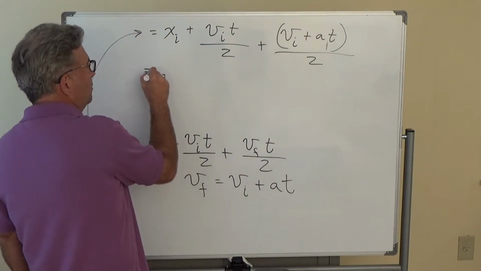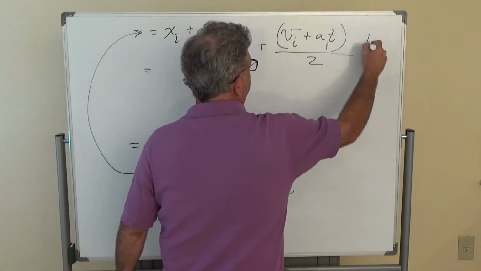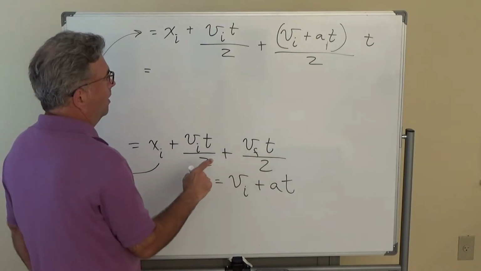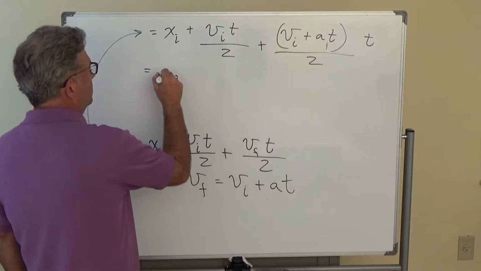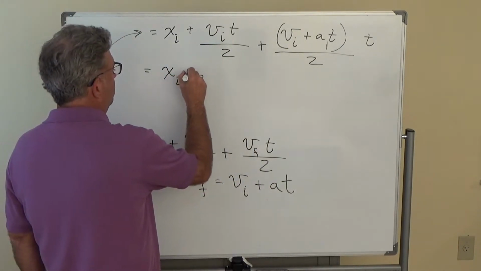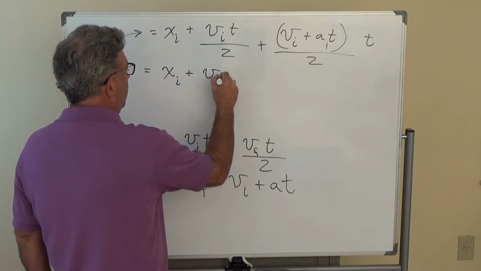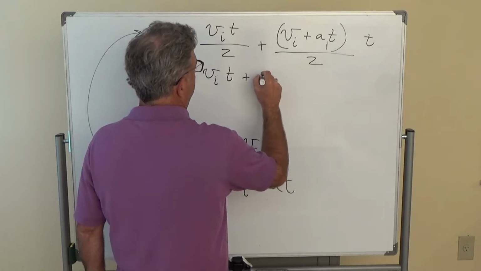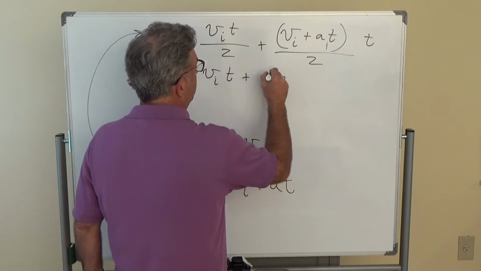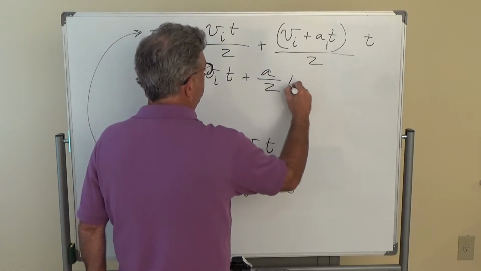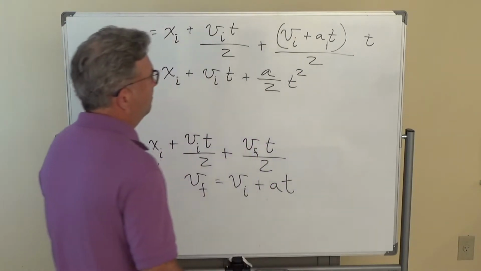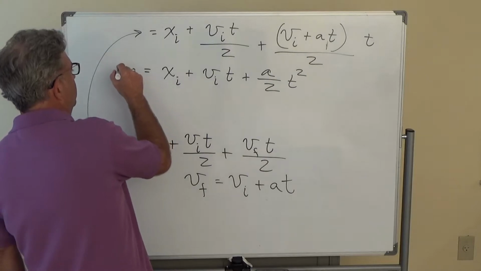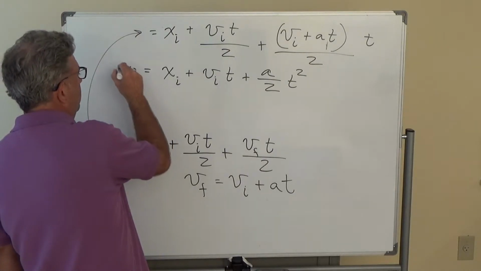And that is equal to, and all of this multiplied by t. I have a t here, okay? So I'll collect terms and you get x initial plus v initial t plus a over 2 t squared, okay? This equation, this is x final.